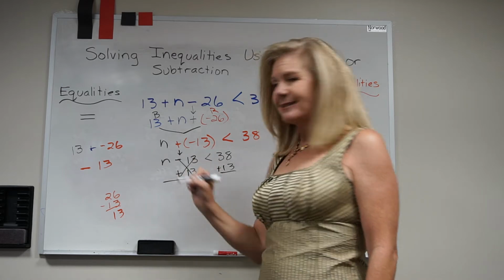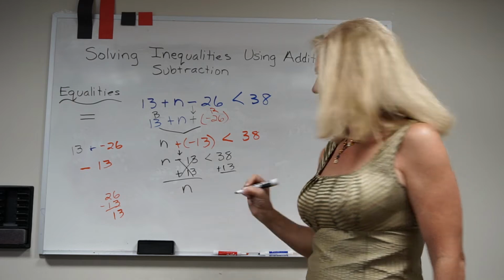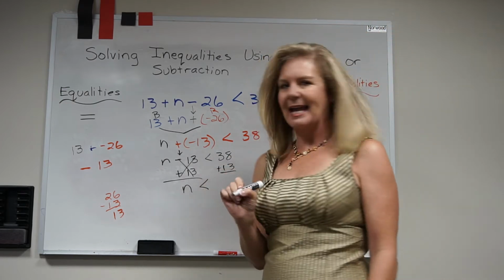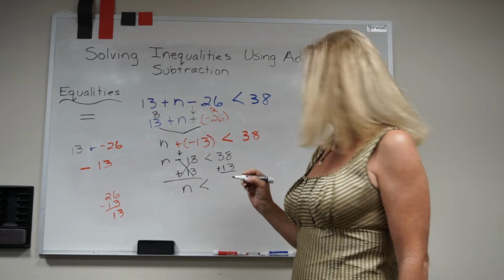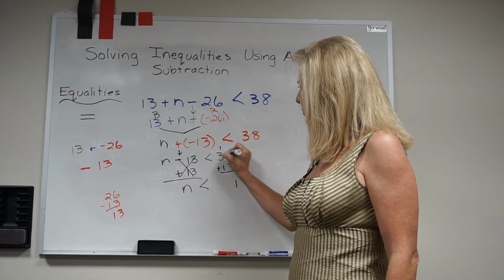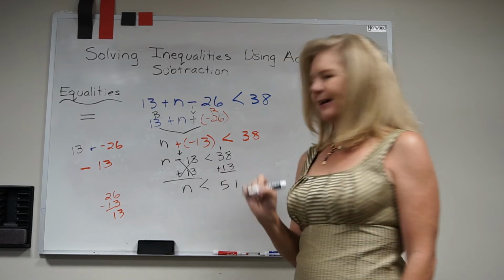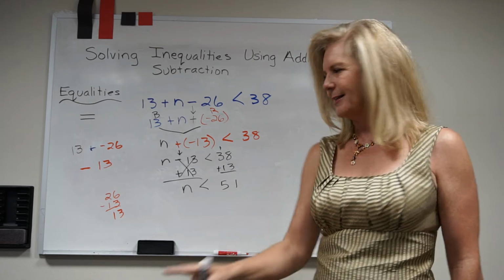These I know will cancel out, and all I'm left with on this side is n. I keep my less than sign, and I have 38 plus 13. Well, 8 plus 3 is 11. Carry the 1, 3, 4, 5. I get 51.